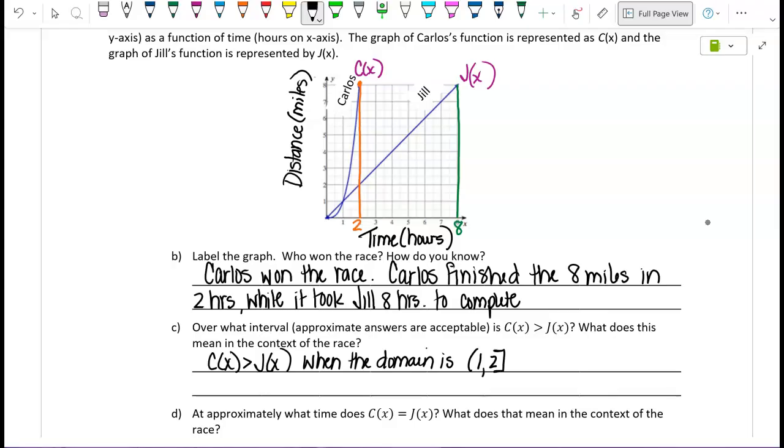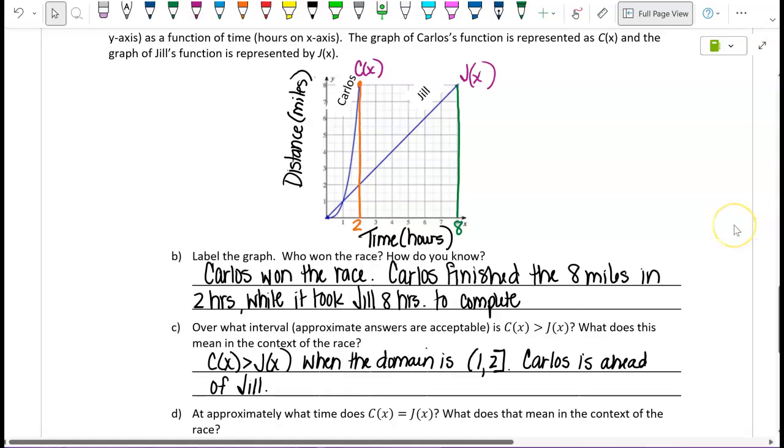It only goes to there because Carlos finishes in 2 hours, so the domain can't go on. And what does this mean in context of the race? Carlos is ahead of Jill. If his function is greater than hers, that's saying that he is ahead.